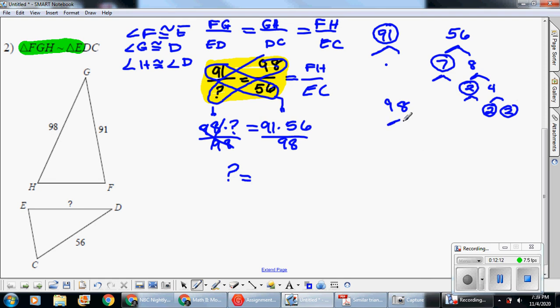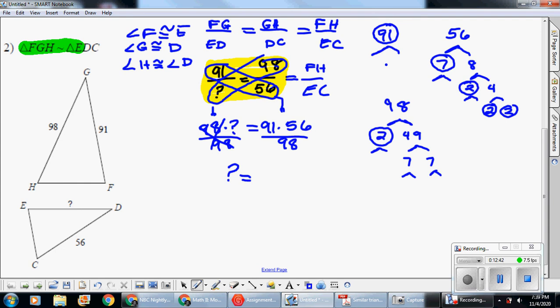Now, factors of 98. Can I use 1 or 98? That'd be 2 multiplied by 49. Factors of 2, cannot use 1 or 2, that's prime. Factors of 49, can I use 1 or 49? That'd be 7 times 7.